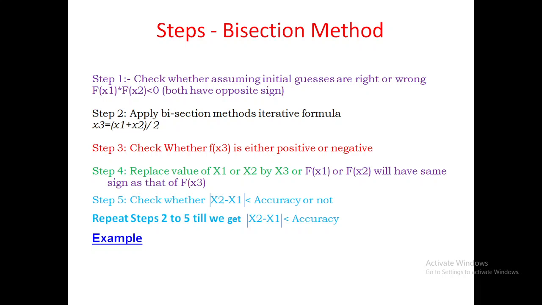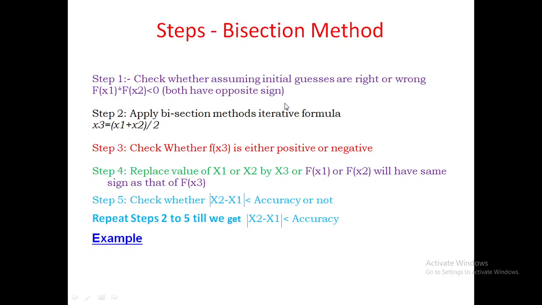You have to check whether f of x1, for x1 equal to 0, gives a positive or negative sign, and f of x2, for x2 equal to 1, gives a positive or negative sign.